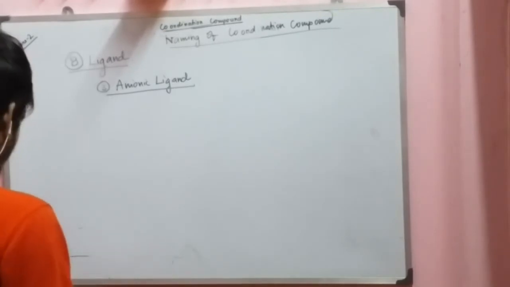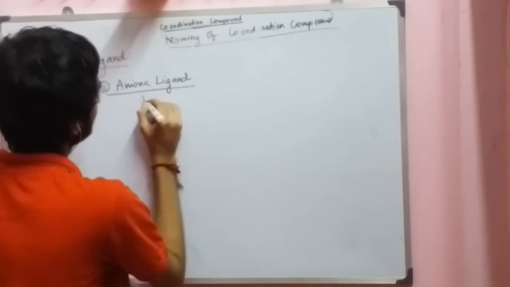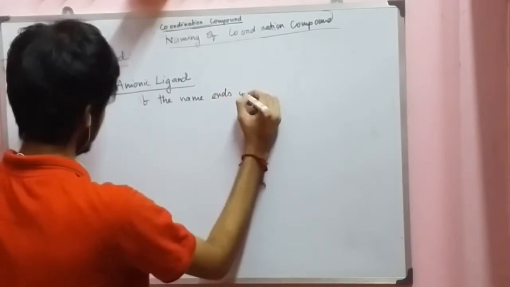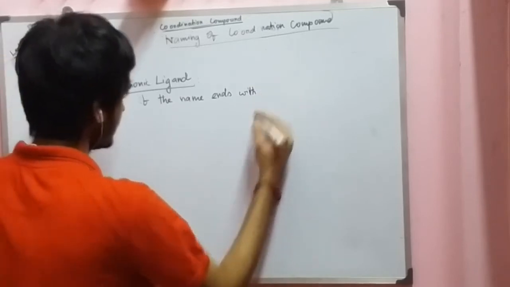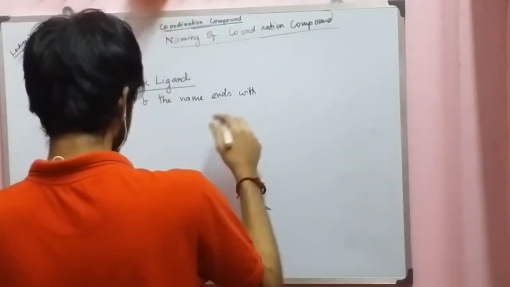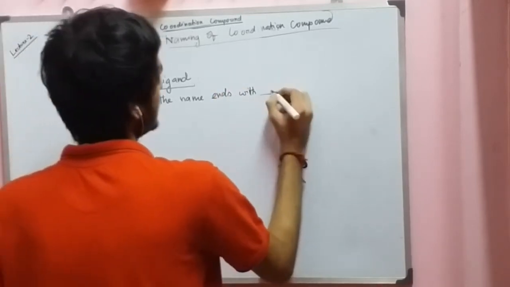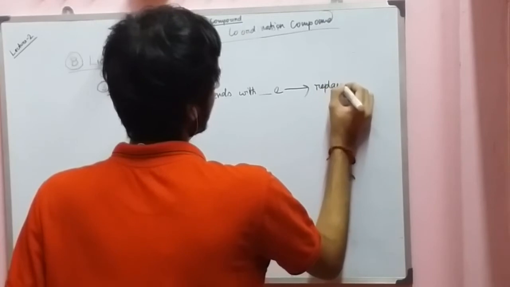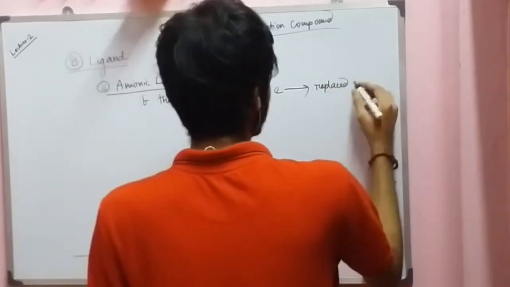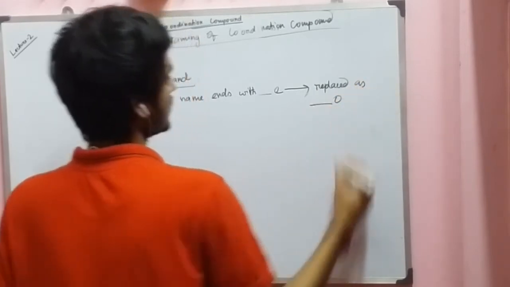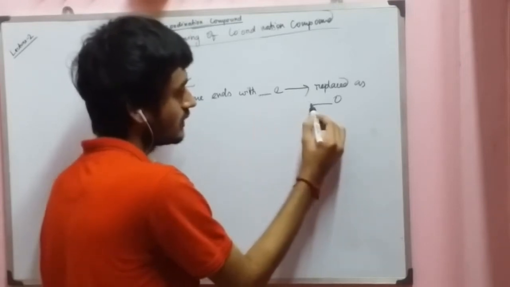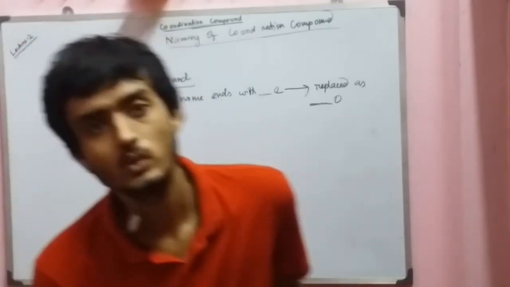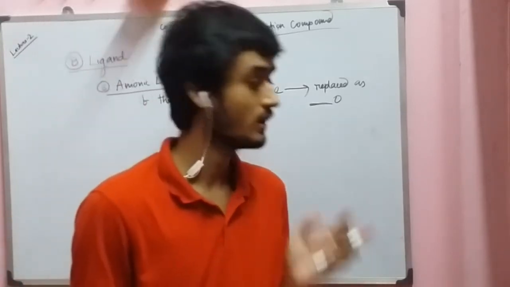To name an anionic ligand, if the ligand's name ends with E, then the E is replaced with O. That means fluoride will be fluorido, chloride will be chlorido, iodide will be iodido, bromide will be bromido, cyanide will be cyanido. Okay.